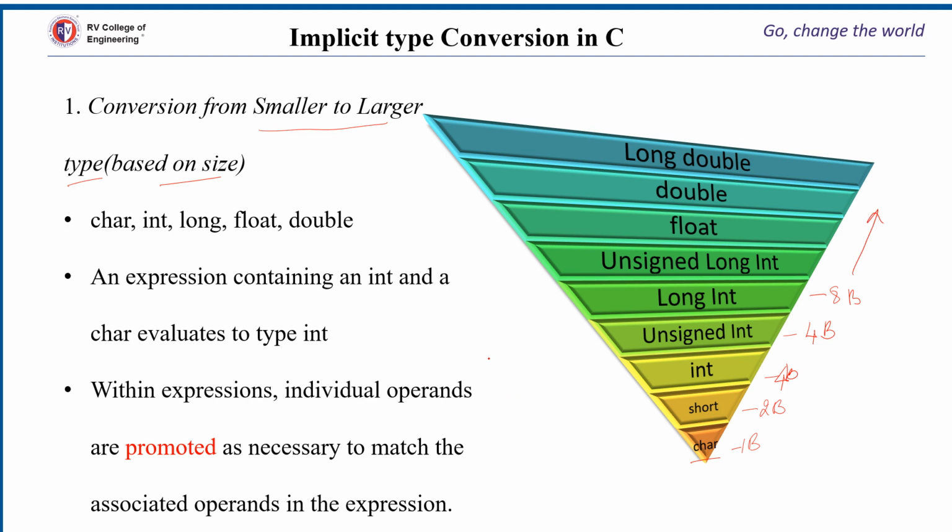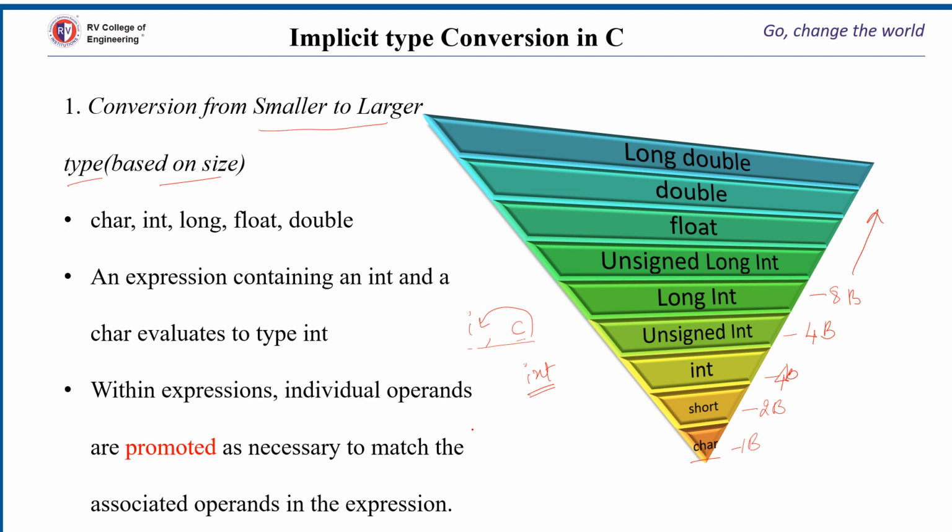Okay, so in an expression, if there is an integer, and if there is a character variable, right? Whenever the expression gets evaluated, this character will be promoted to an integer. So the result will be of integer.